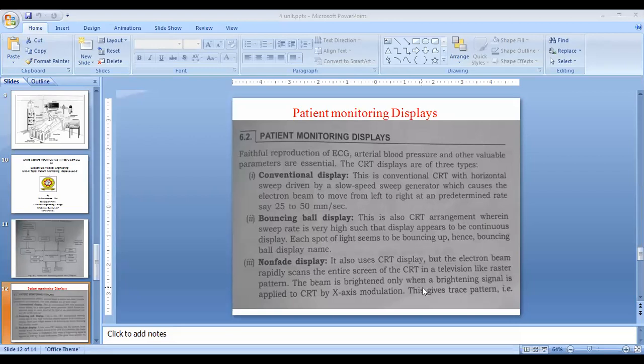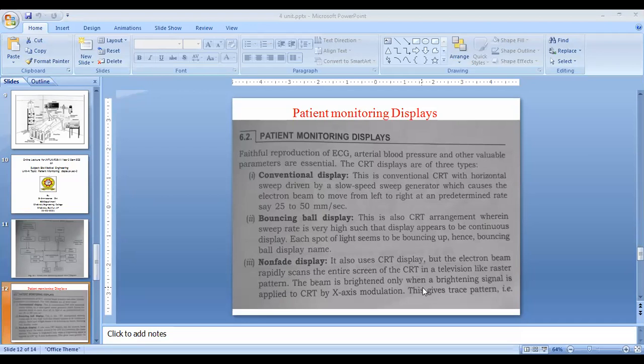Uniform brightness of the light does not occur. The first displayed area disappears when we observe the next appeared signal. So due to that we can go for the non-fade display.